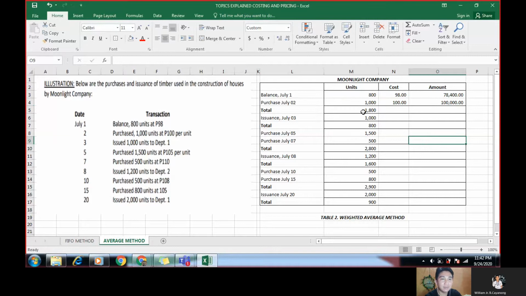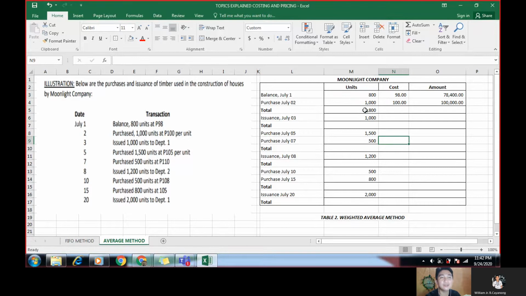Now, 1,800. Lagay muna natin to. Tanggalin muna natin to ha, itong mga total para hindi tayo malito. Okay. Ayan. So, to total natin to, the balance and the purchases on July 2. Okay, just highlight that one and then click auto sum.